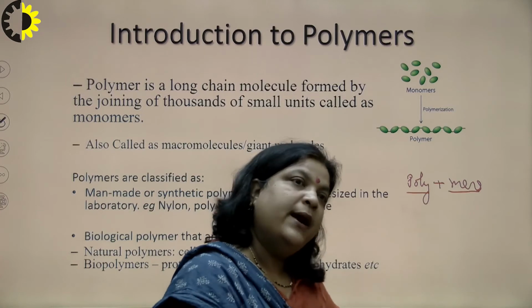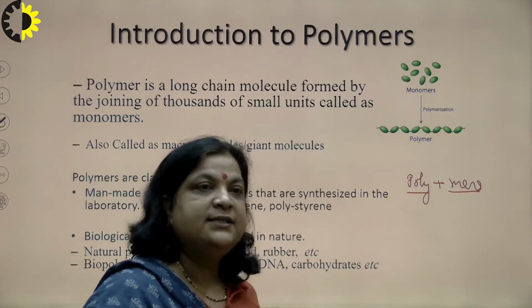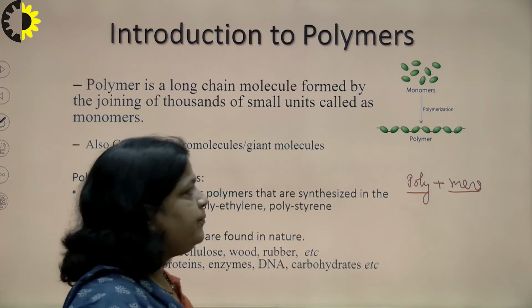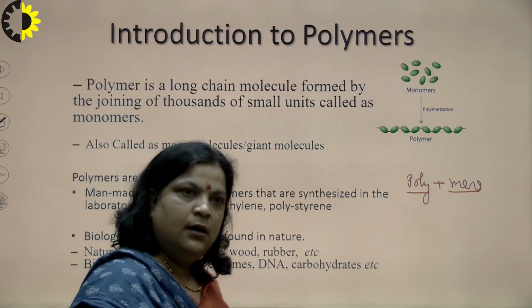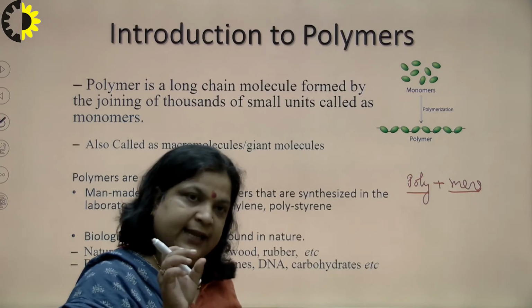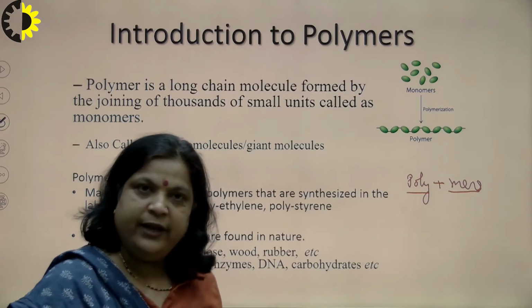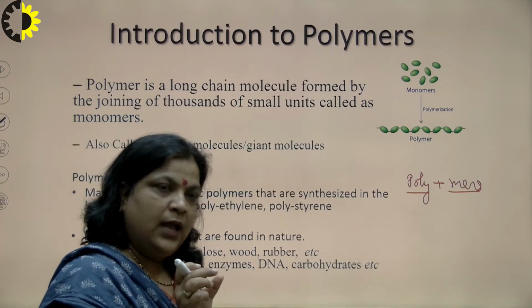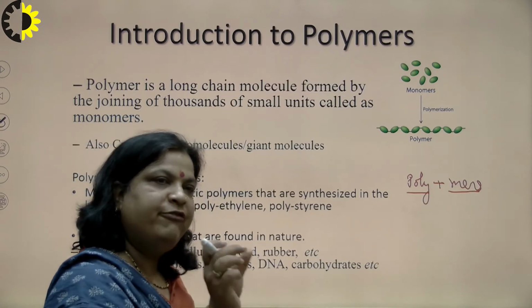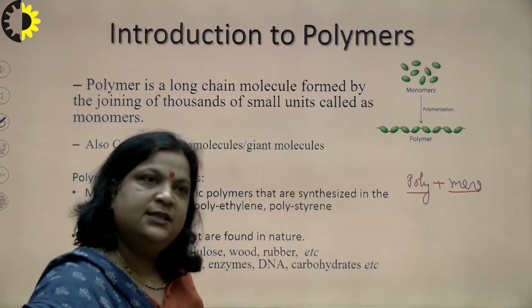They show combined properties, and their properties change. The same thing applies if we make a chain of safety pins: a single safety pin has different applications and properties compared to the chain.